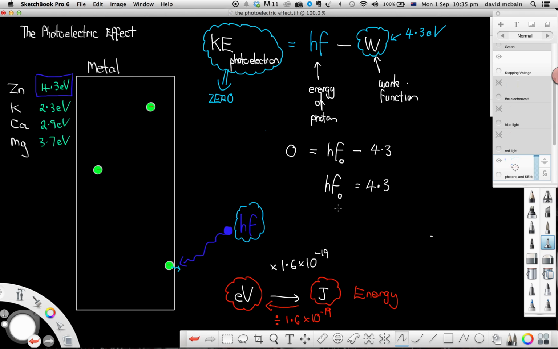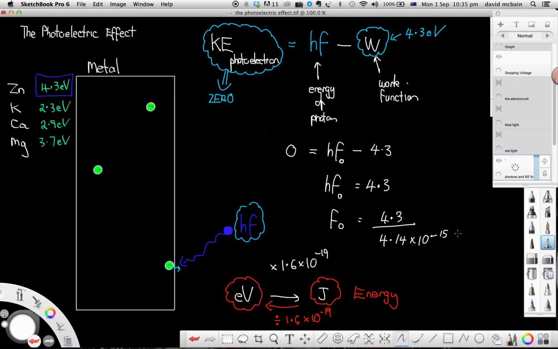And we're working in electron volts, and so f0 will equal 4.3 divided by Planck's constant in electron volt seconds. So that will be 4.14 times 10 to the negative 15.